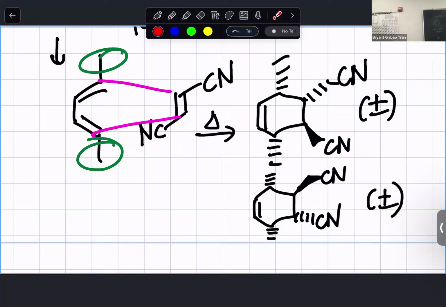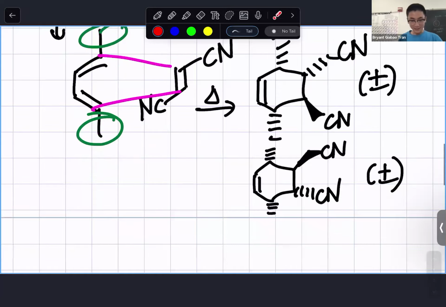If you made the top nitrile your EWG, your out groups would have to be cis to that EWG. This nitrile is trans to that EWG, so that has to be trans to that EWG as well. But if you said this nitrile was your EWG, then that nitrile has to be cis to the out group, making the other nitrile trans to that group right there. And this is different than that group right there. So I don't know if you wanted 4 products or if he just accepts like that right there.